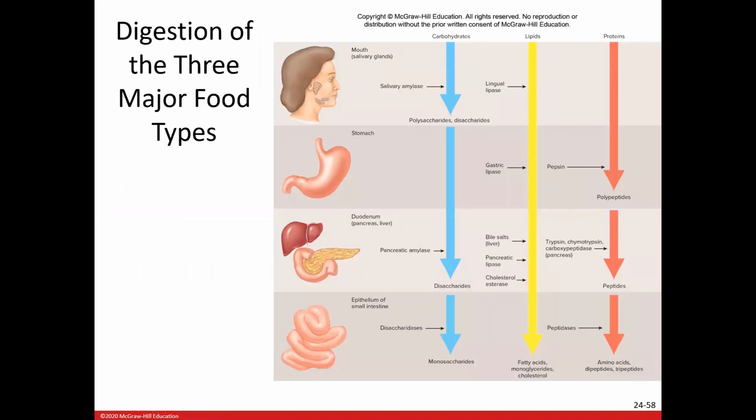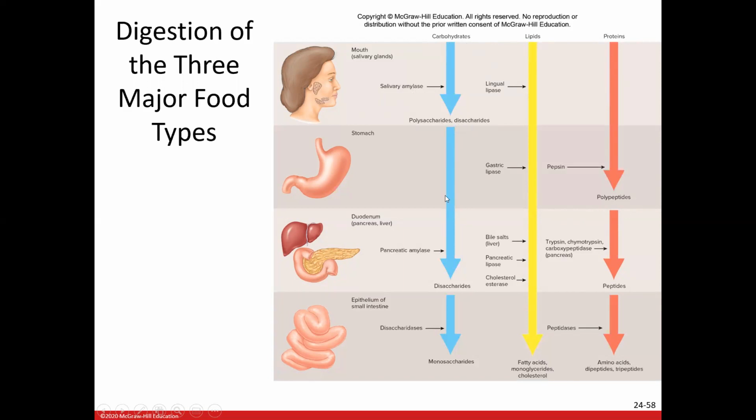So to recap all of that, since that was a lot with the different types of digestion and absorption, with all 3 compounds, we have your carbs, your lipids, and your proteins. So your carbohydrates in the mouth are broken down by salivary amylase into polysaccharides or disaccharides.